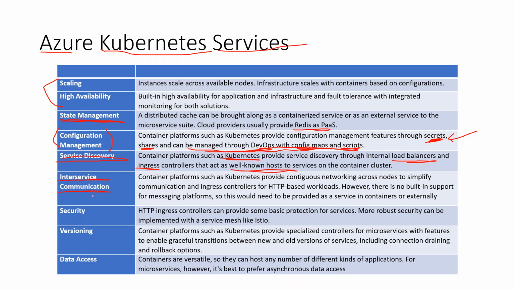And I'm going to combine this one with security, because Kubernetes provides integrated contiguous networking across the platform, so you don't have to worry about configuring the network layer, but it does not provide any built-in HTTP encrypted channels that are inherently secure.